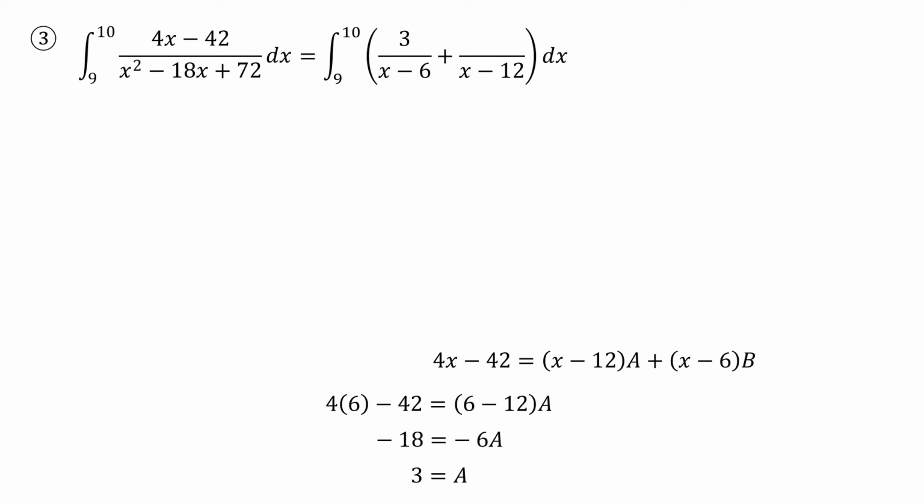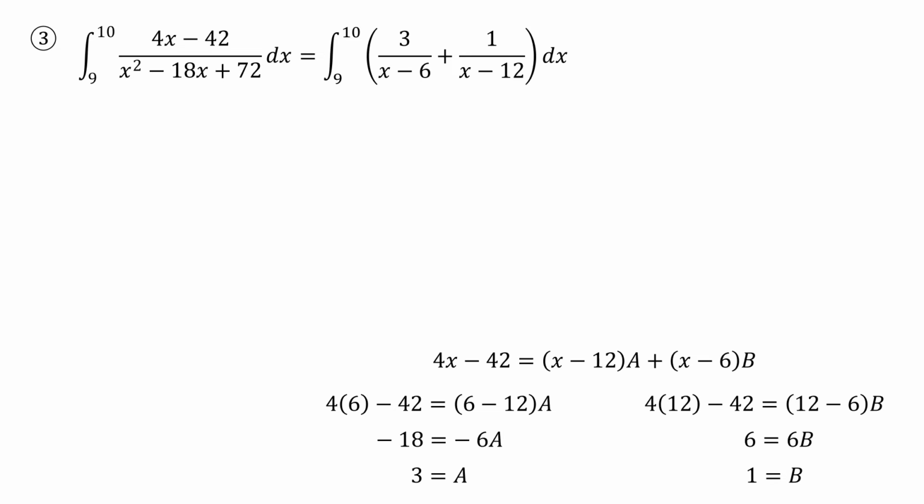Now, if I let x equal 12, that will eliminate a from the equation, right? Because 12 take away 12 is 0. 0 times a, poof, the a is gone. So I want to plug in 12 for x. And I can quickly deduce that b equals 1.